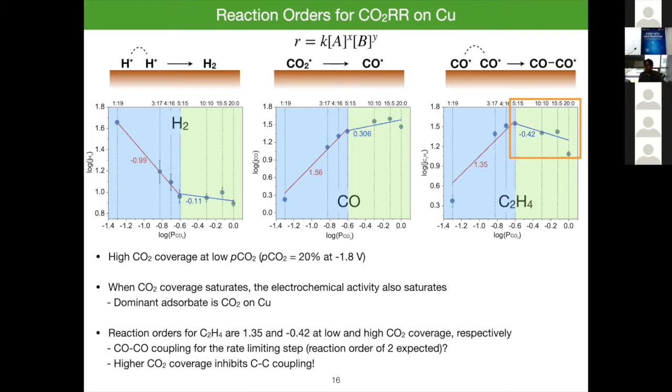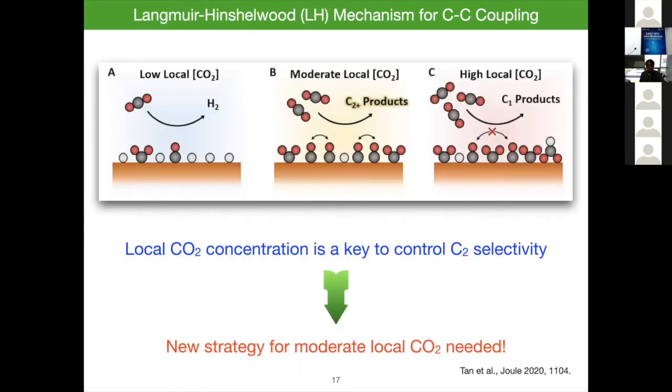So for ethylene, again, the CO and CO coupling should occur to form ethylene, but at high CO2 surface coverage, even though you have more CO coverage, ethylene formation actually decreases. So this means that the CC coupling occurs like a Langmuir-Hinshelwood mechanism, by surface recombination.